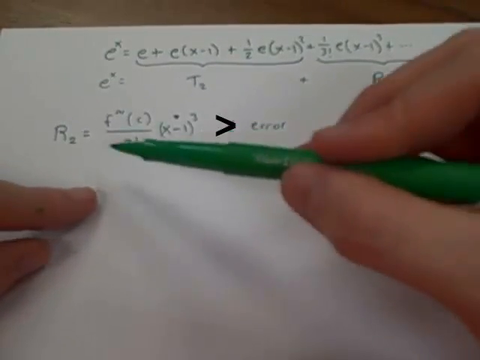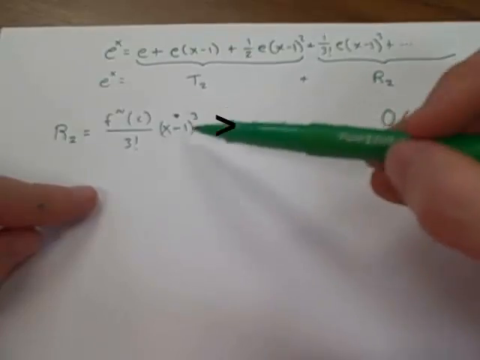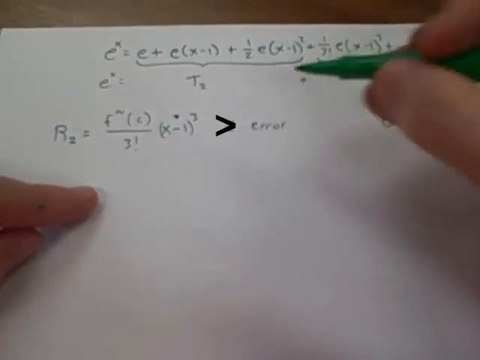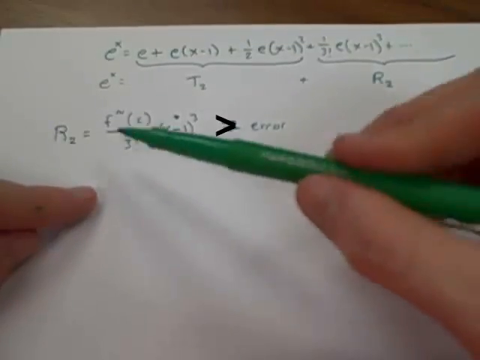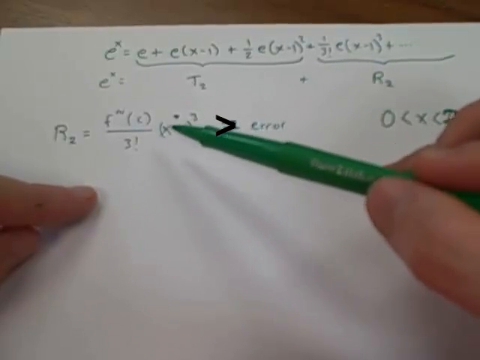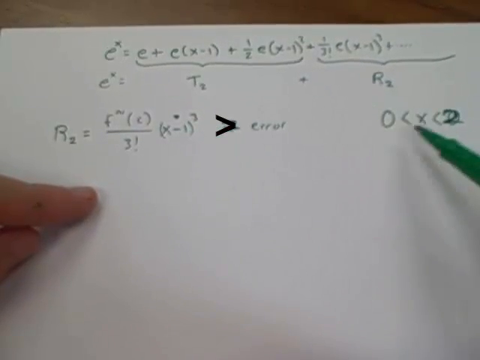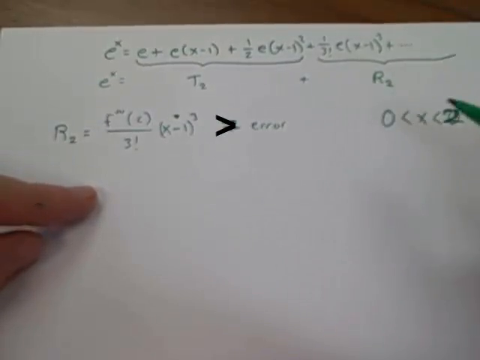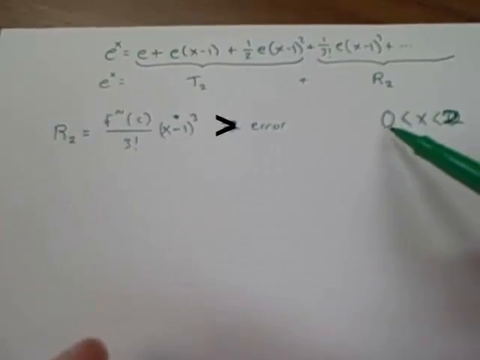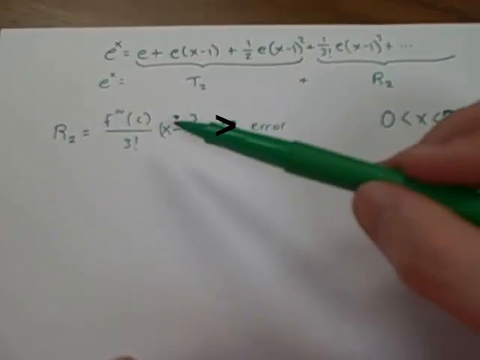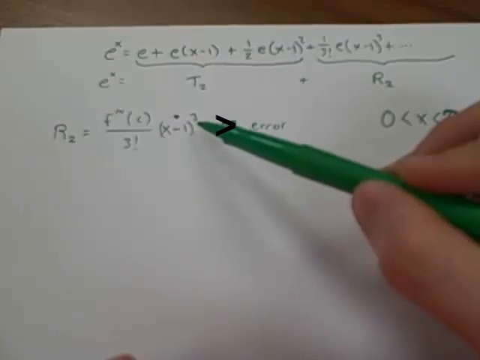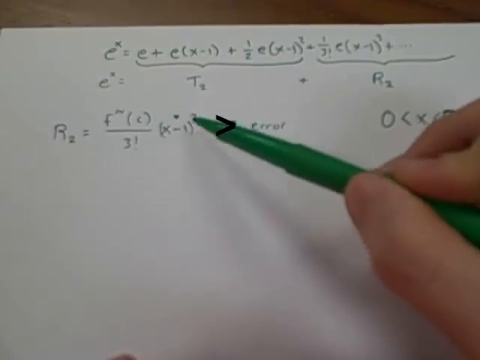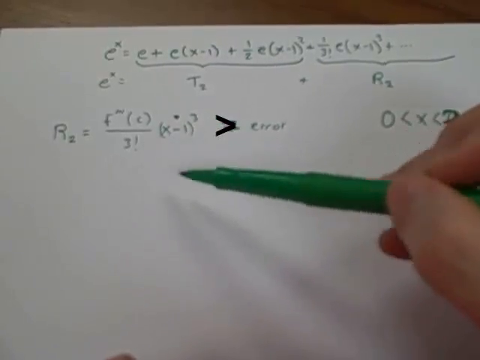And again, if we want to guarantee that the error is smaller than this value, we have to think about what is an x value in this interval and what is a c value that would make this error term as large as possible. So in the interval from 0 to 2, it seems like a value of 2 is going to make this term as large as possible.